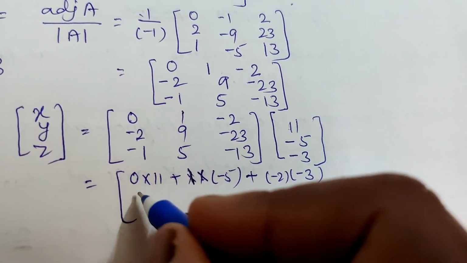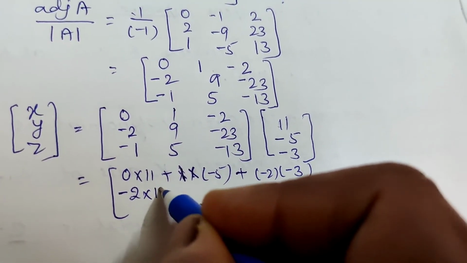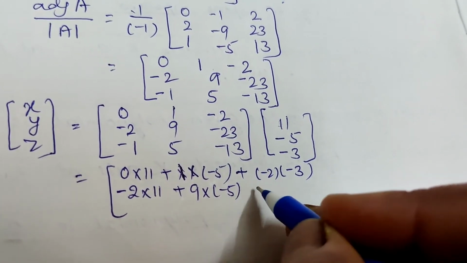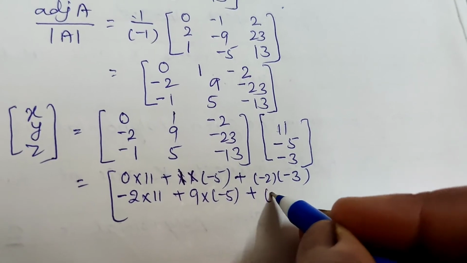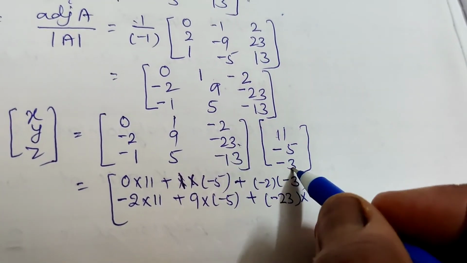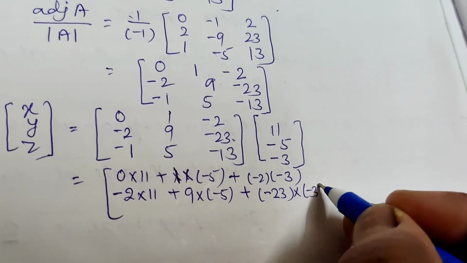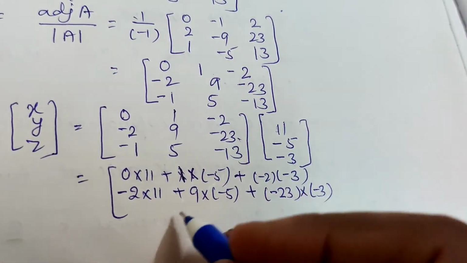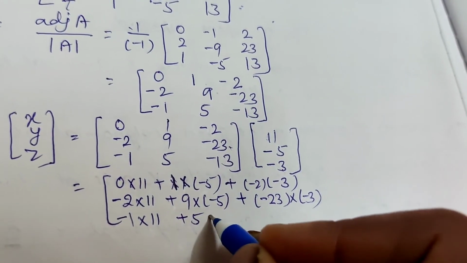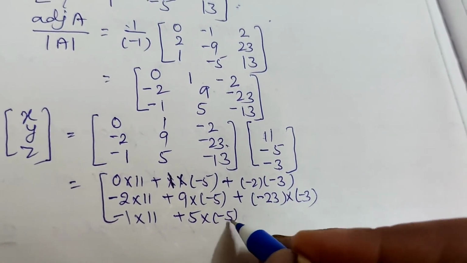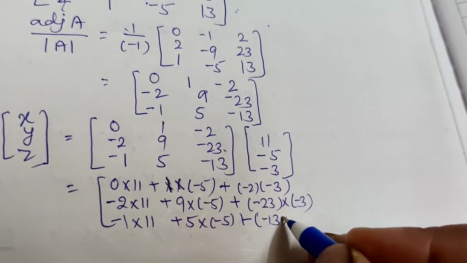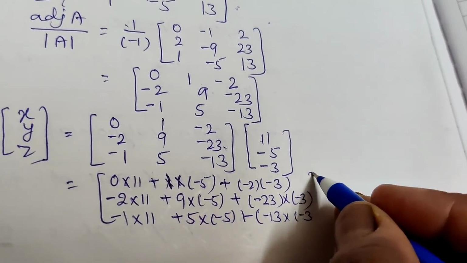Minus 2 into 11, 9 into minus 5, plus minus 23 into minus 3, and third, minus 1 into 11 plus 5 into minus 5 plus minus 13 into minus 3.